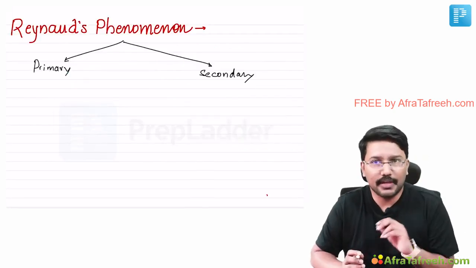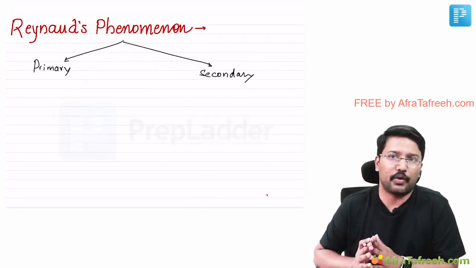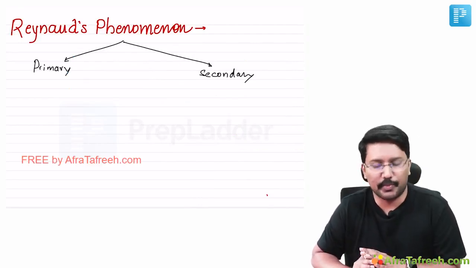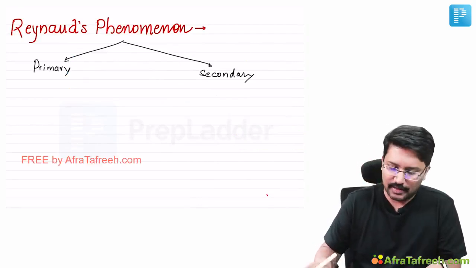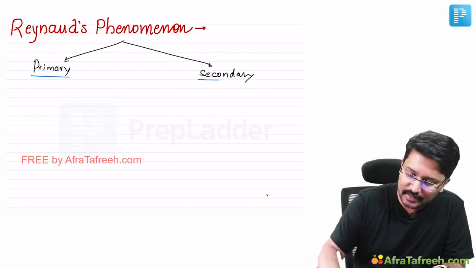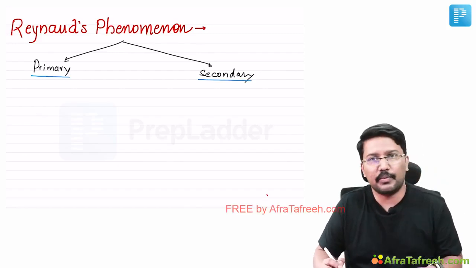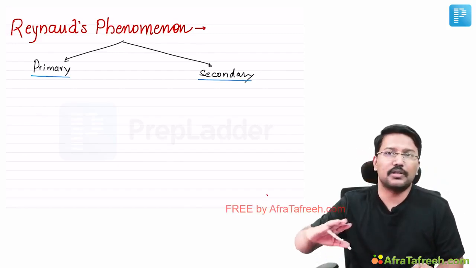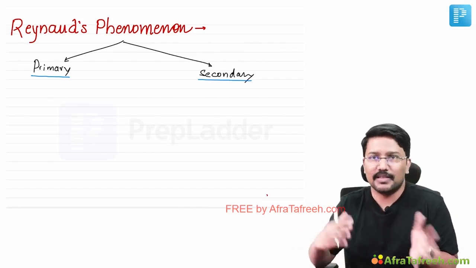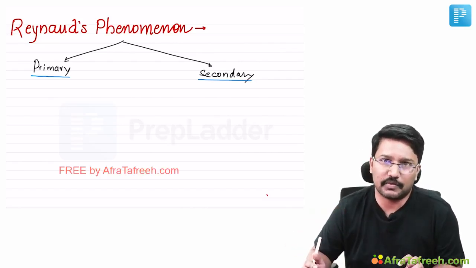Now, before we wind up, let us also understand a little bit about Raynaud's phenomenon, because again, I do sense important MCQs coming from this topic. Okay. Raynaud's phenomenon can be divided into two broad categories, primary Raynaud's phenomenon and secondary Raynaud's phenomenon. In primary Raynaud's phenomenon, it is not associated with any other disease. Secondary Raynaud's phenomenon is where another disease is responsible for the patient experiencing Raynaud's phenomenon, right?